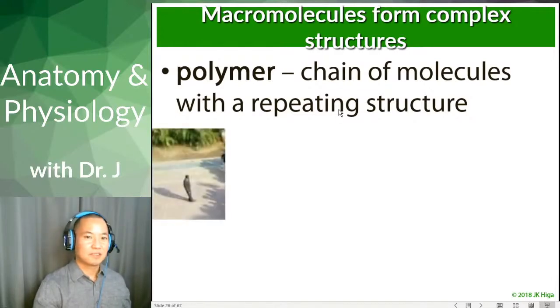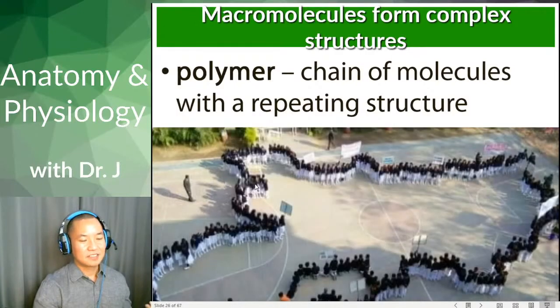So say this is before social distancing, okay? This is one person, right? So what happens if you have a theoretical polymer of people? Again, a polymer is a chain of molecules with a repeating structure. So here is what a polymer of people might be. Notice that they're all linked together and repeating over and over.